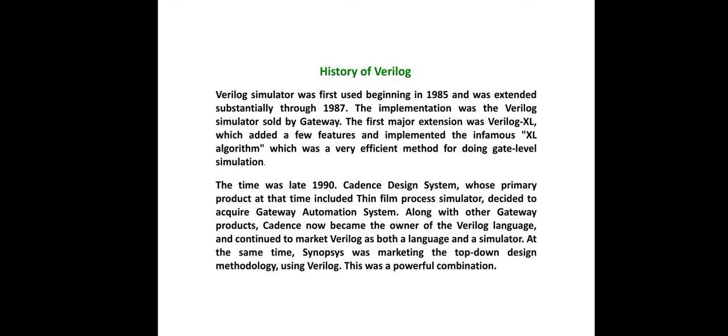That means we input the input signals and execute the programs, that is the simulator. Then the major features of the Verilog language were implemented with algorithms and gate level simulations.